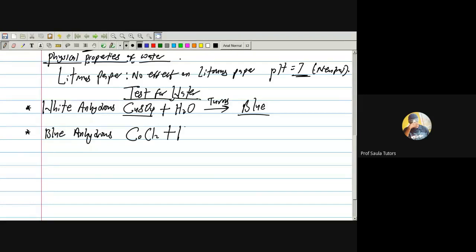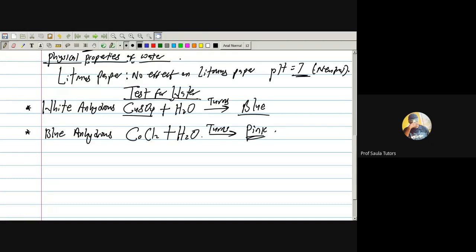If you add water to this, what does it turn? Who knows the answer? Pink. It turns pink. So you can see it's very easy. White to blue, blue to pink. Please take note of that.